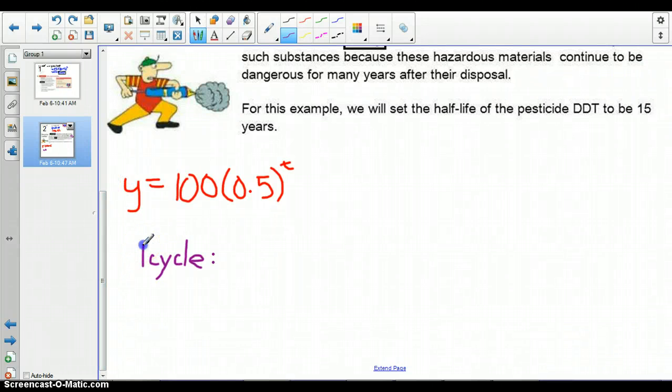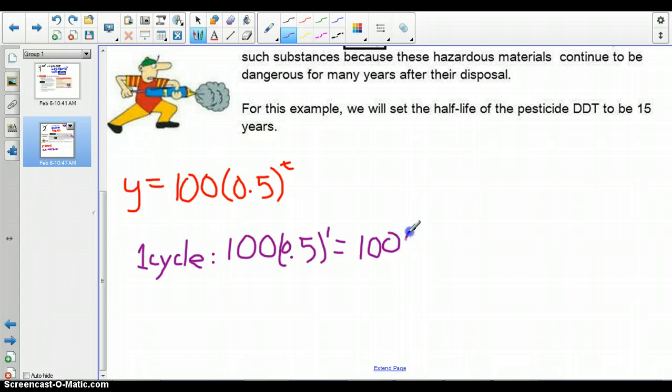So we're going to have one cycle. This is 100 multiplied by 0.5 to the first exponent, which is 100 multiplied by 1/2, and what's 1/2 of 100?